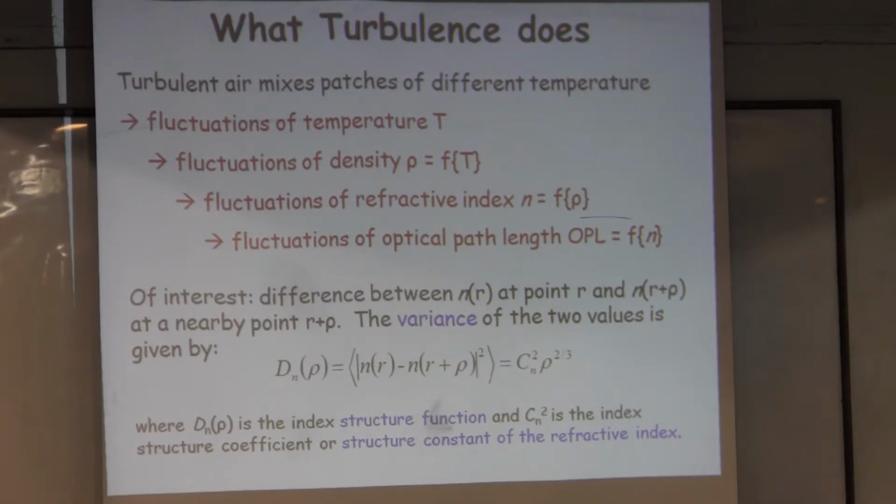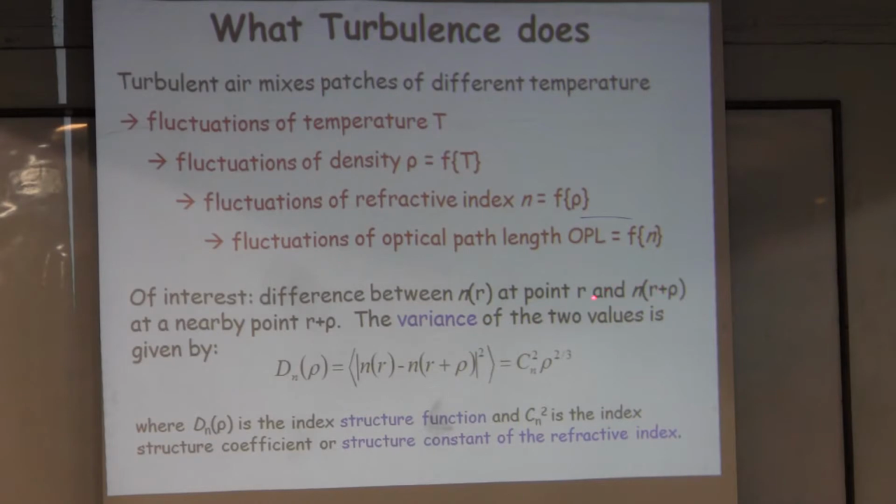And we can look. This is a bit of math here. I think you know about the statistics and the variance, the statistical quantity, let's compare two values. We look at the refractive index at the point R somewhere.